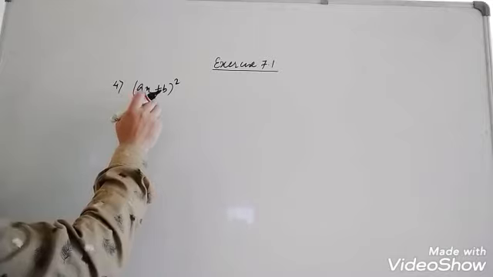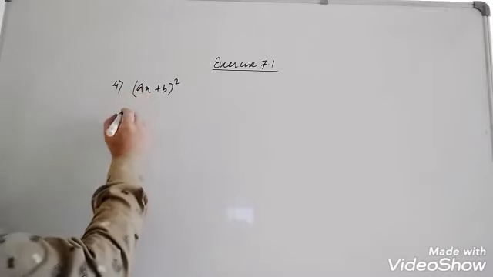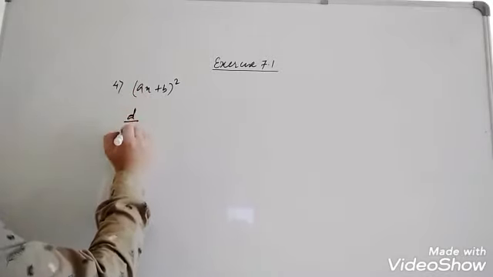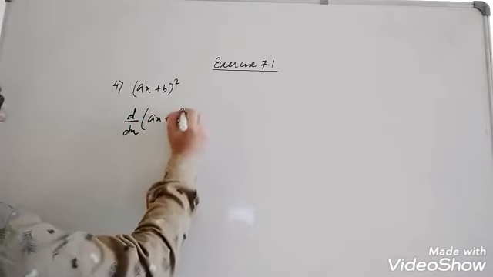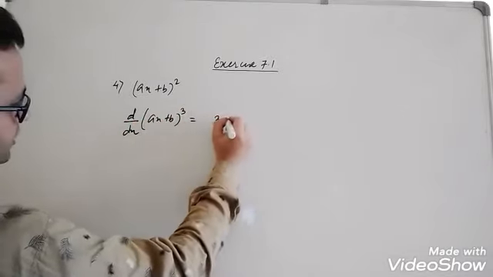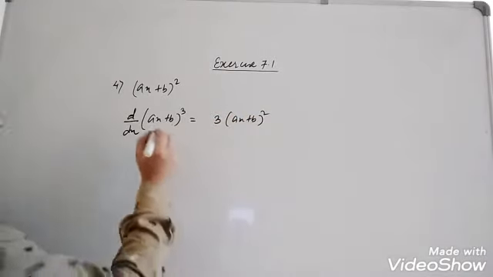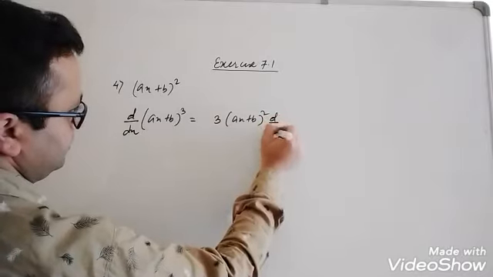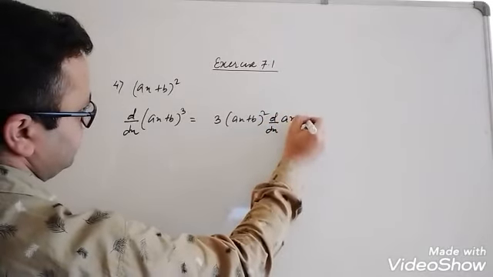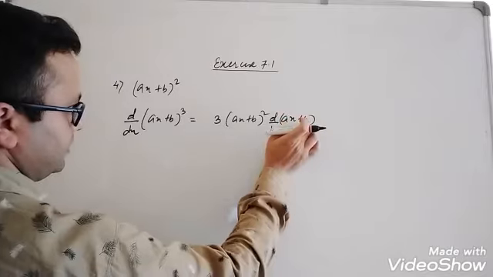Now this is the differentiation of (ax plus b) whole cube. So d/dx of (ax plus b) whole cube equals 3 (ax plus b) square, again into the differentiation of ax plus b. The differentiation of ax is a and the differentiation of b is 0.